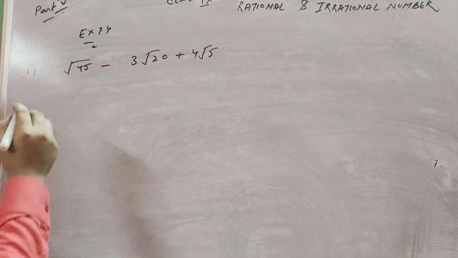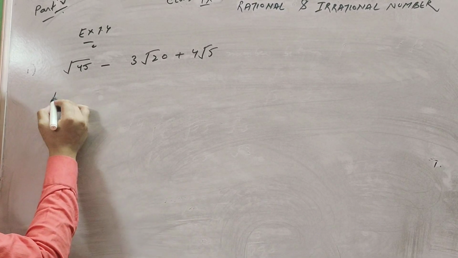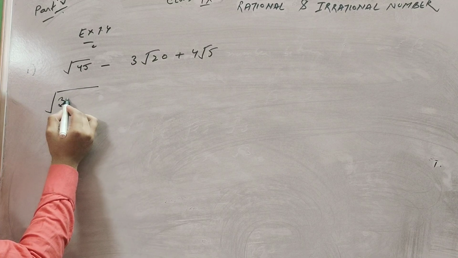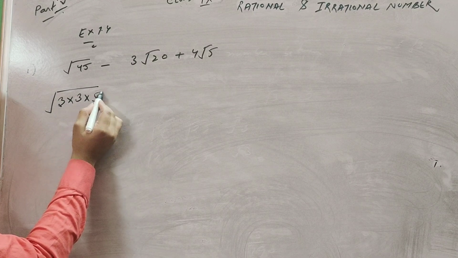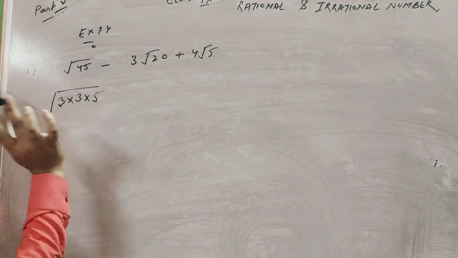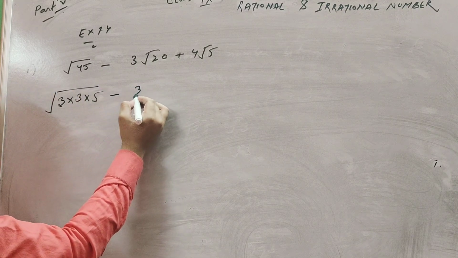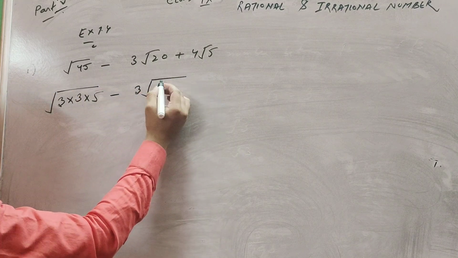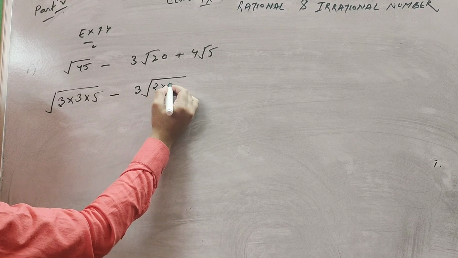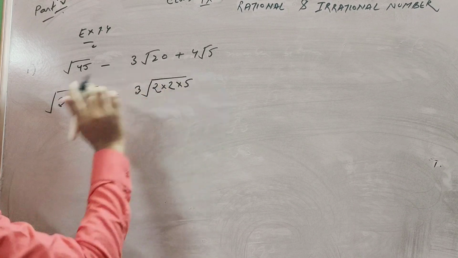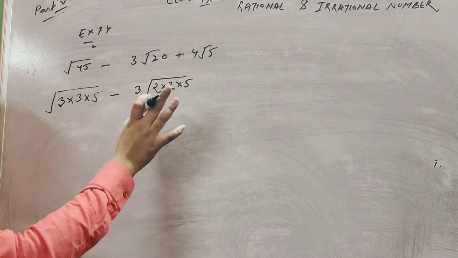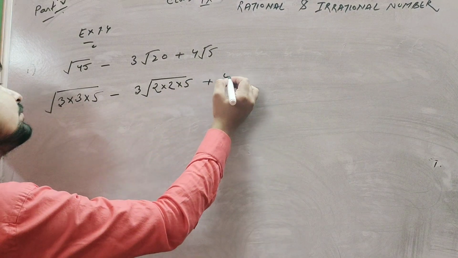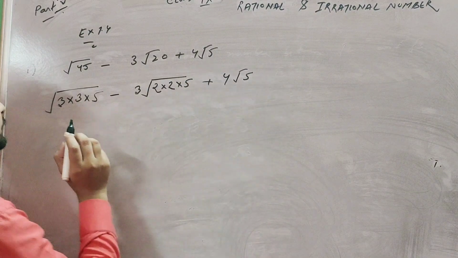So in place of root 45 we write 3 into 3 into 5, that is 3 into 3 is 9, 9 times 5 is 45, done. Minus 3, in place of root 20 we write 2 into 2 is 4, 4 into 5 is 20, factorize. Okay, plus 4 root 5.